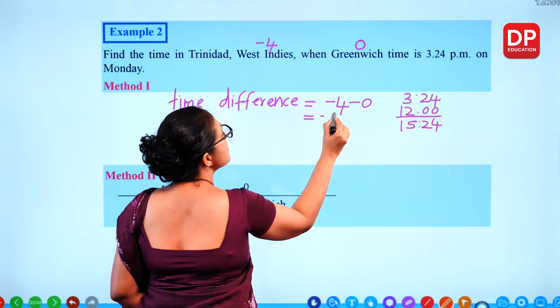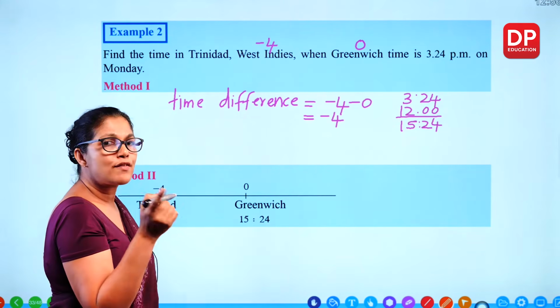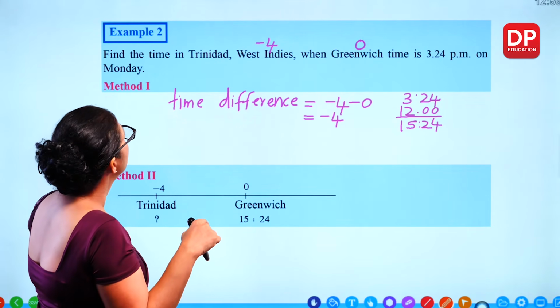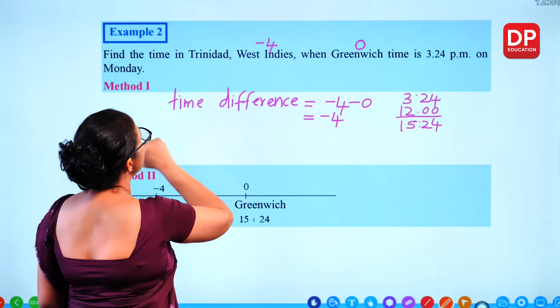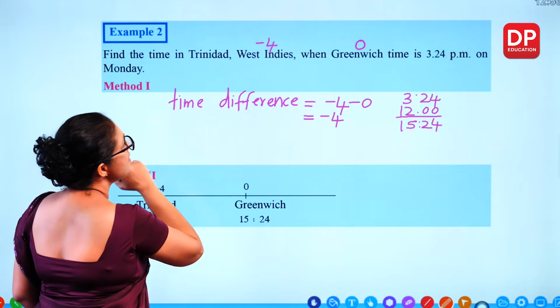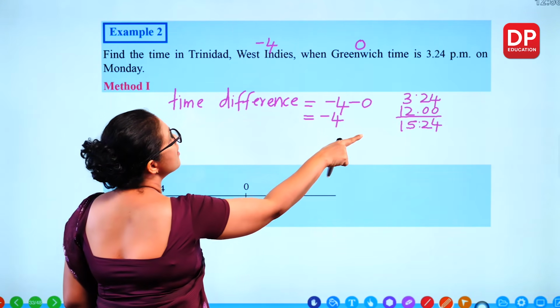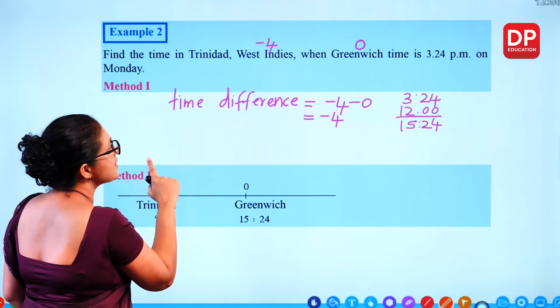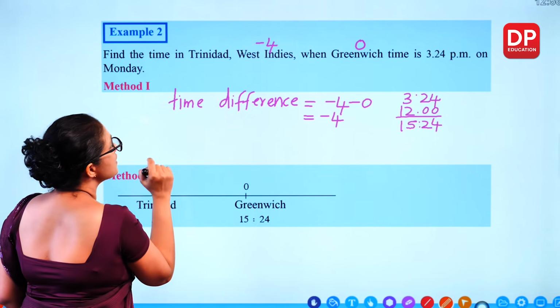So that's minus. So you have to subtract 4 hours from this. So what's the time in Trinidad, West Indies? So Greenwich time is 3:24. So you have to subtract 4 hours.